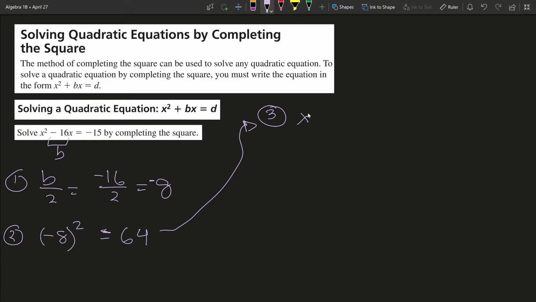So we have x squared minus 16x, and here we're going to write plus negative 8 squared. Right? We're not going to leave it as 64. Equals negative 15 plus, I'm running out of space here.